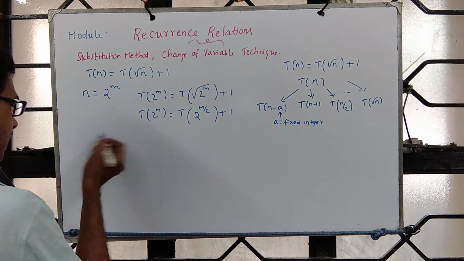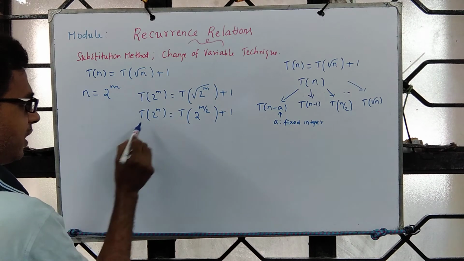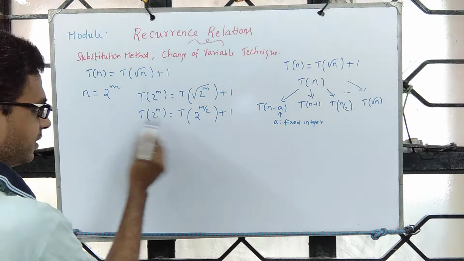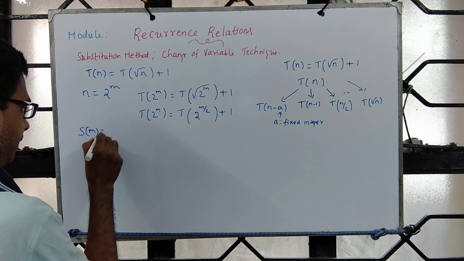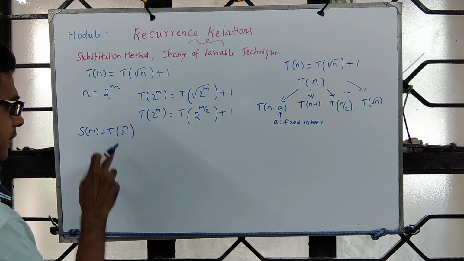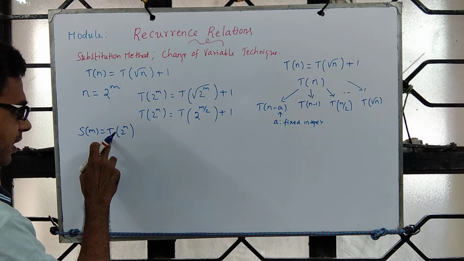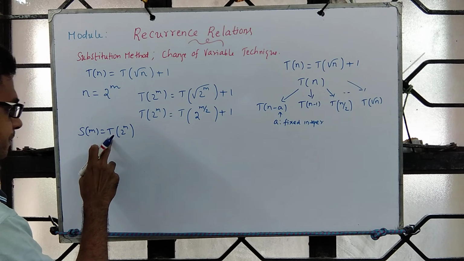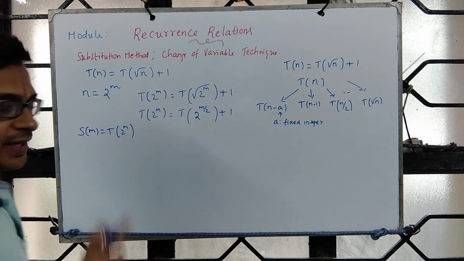Now this is change of variable. Now I am going to change the function itself. Say s of m is equal to t of 2 power m. So every 2 power m in the function t is mapped to m in the function s.